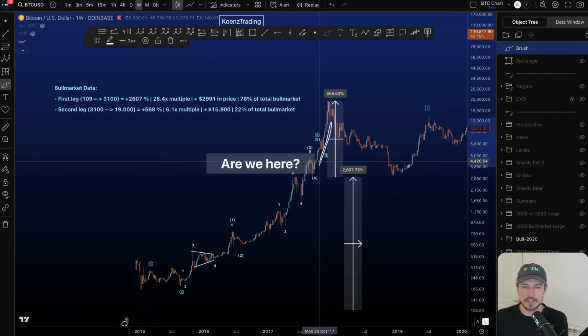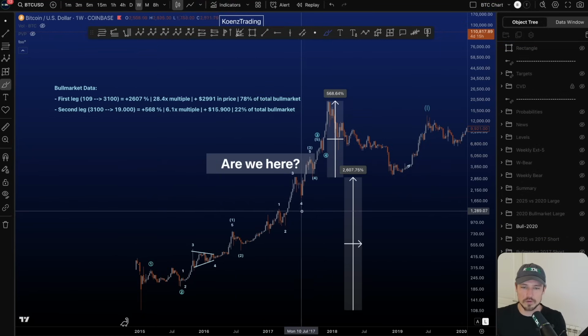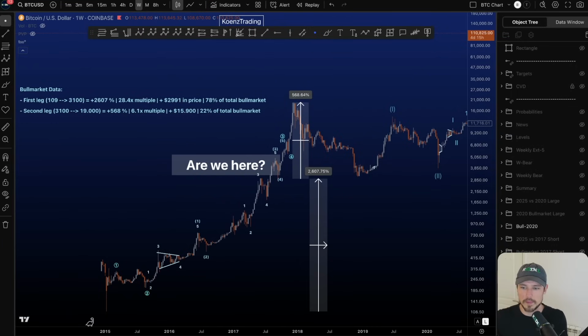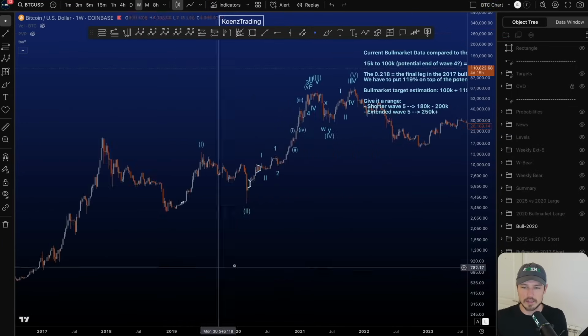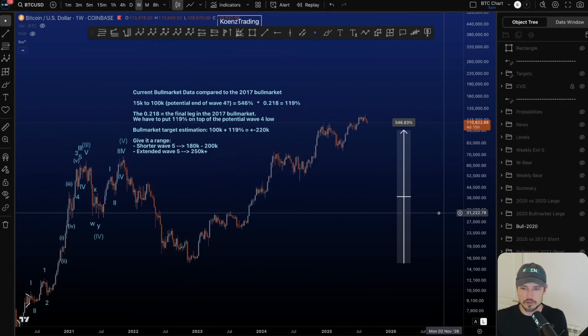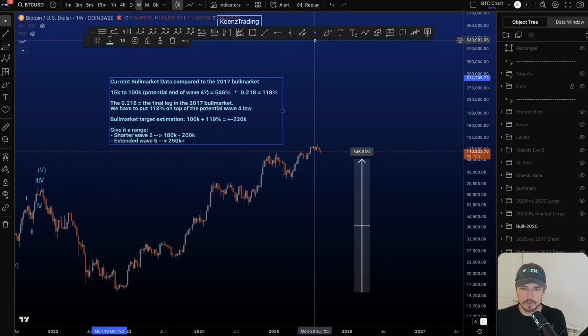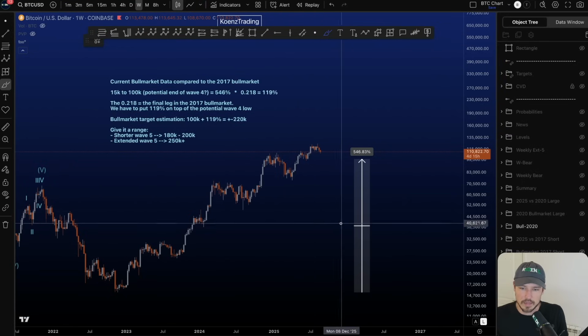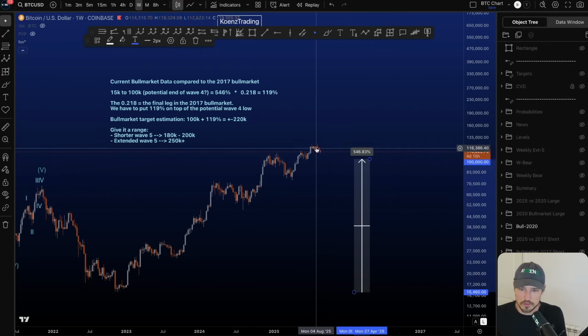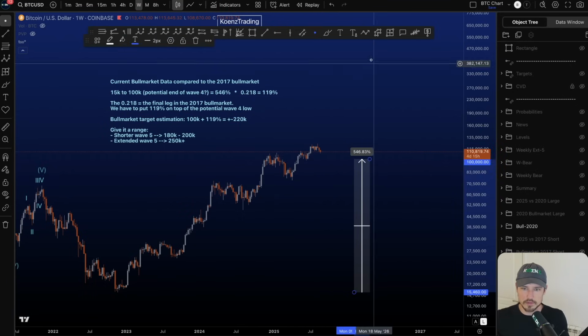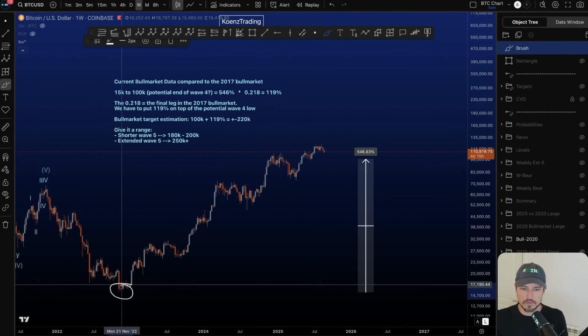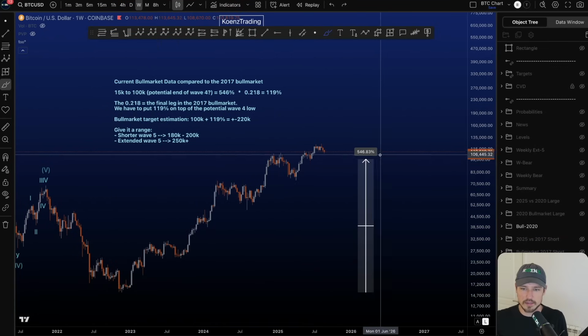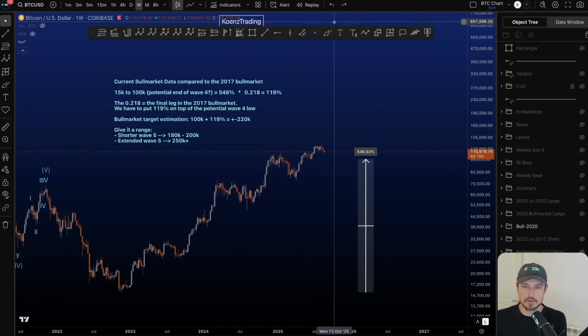Now, this final leg to the upside covered 22% of the total bull market. So if we use that data and compare it to where we are at the moment: if price would retrace in wave 4 to 100K, I just wanted to use a round number, then the move from the low at 15K to 100K is a 546% move.